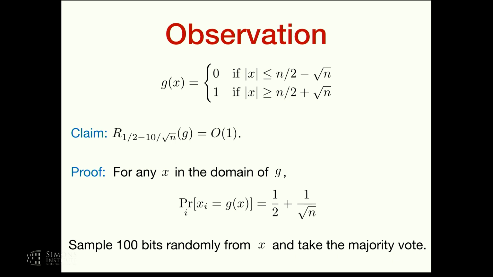The reason for that is that if you just query one random bit of the input, that's already correlated with g of x, the function value. So if we just sample like 100 bits at random of the input, we can boost this success probability to say have advantage something like 10 over root n over random guessing.